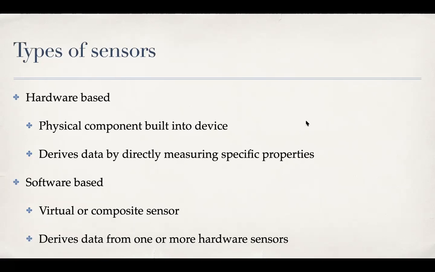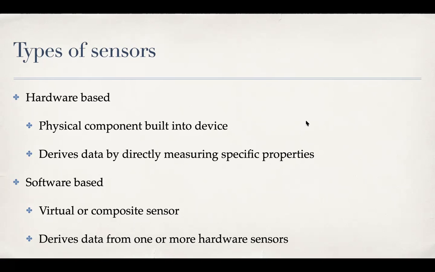Earlier we talked about the categories of sensors, and now there are two types of sensors, hardware and software, based on where you are getting the data from. Hardware-based sensors, as the name suggests, are actual physical components built into the device. Examples include the accelerometer, the temperature sensor, etc. These sensors derive the data directly from certain environment properties.